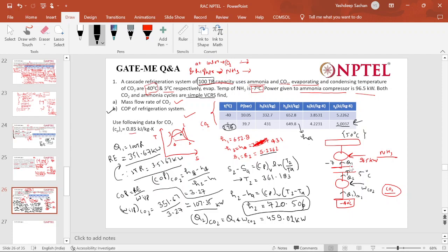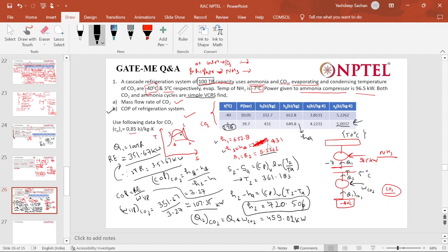Is it clear to everyone? Yes, sir. Clear. Okay, here I left this: mass flow rate of CO2. How can you calculate? You know the refrigeration effect in kilowatts, and you can also find the per kg refrigeration effect, which is H1 minus H4. H1 is this, H4 is this.